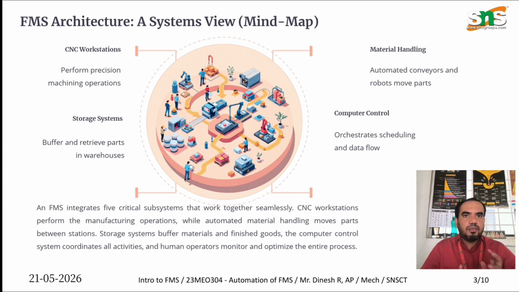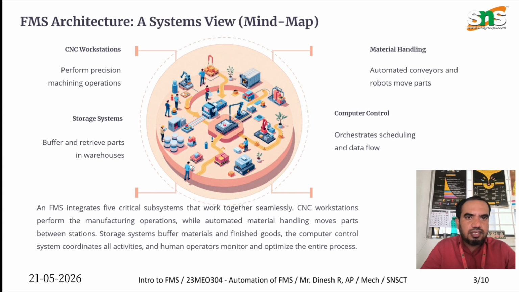An FMS integrates critical subsystems that work together seamlessly. The CNC workstation performs the manufacturing operation, the place where machining is done, while automated material handling moves parts from one place to another.